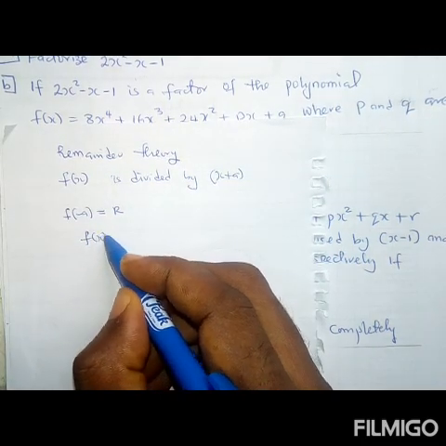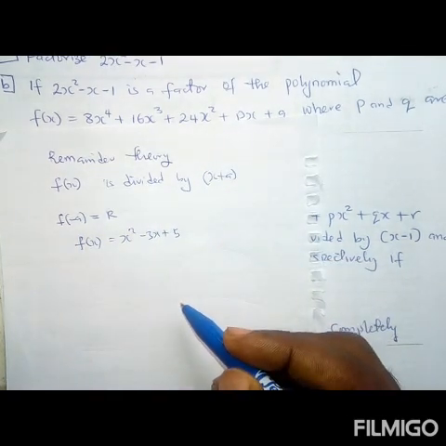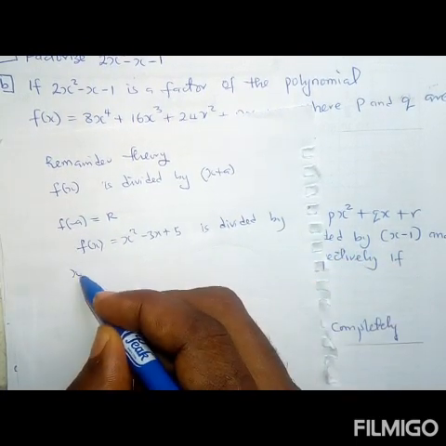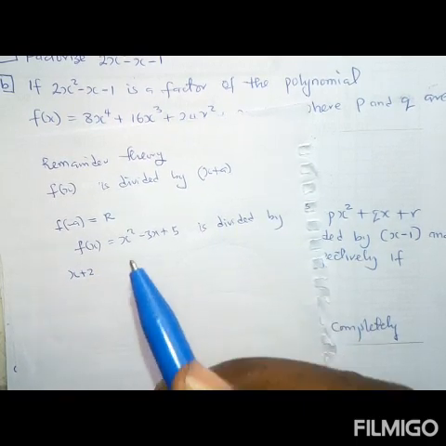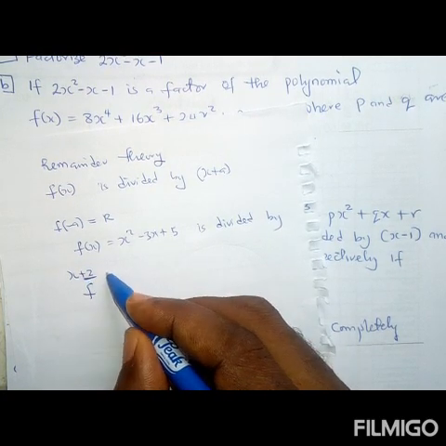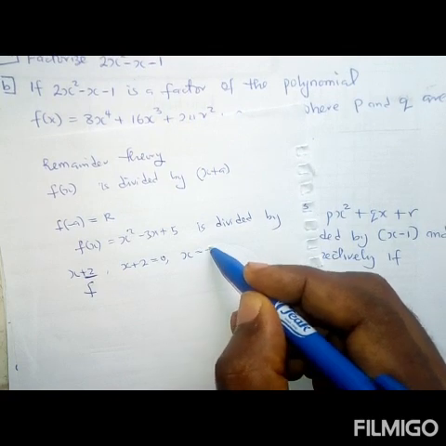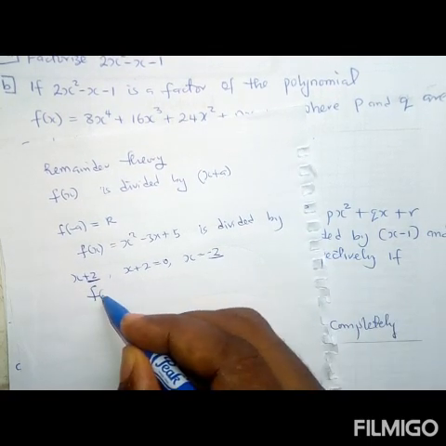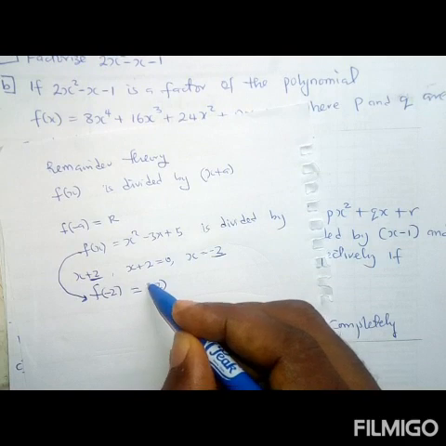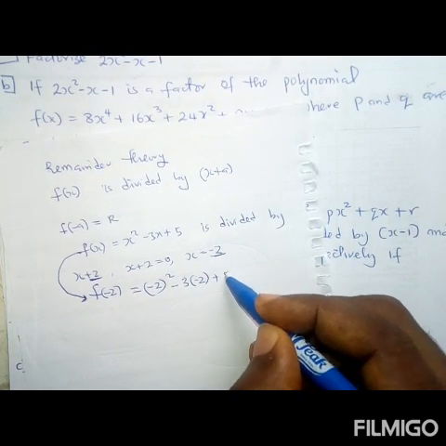If I have a function, say x squared minus 3x plus 5, divided by x plus 2, remainder theorem says if you put the negative of what is here, in other words, make x plus 2 equal to 0 and get the value of x, and put this value in this function, that is minus 2 squared minus 3 bracket minus 2 plus 5.